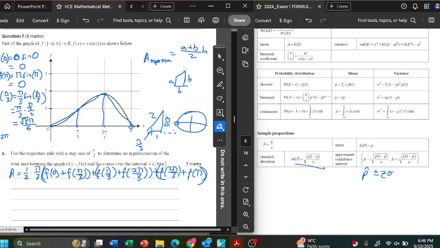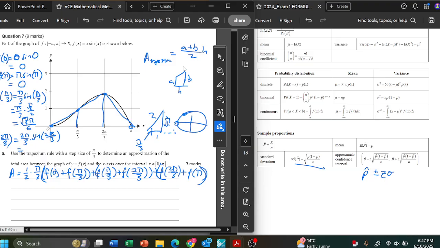Finally, we have to consider what is f of 2 pi over 3. So that's going to be 2 pi on 3 times sine of 2 pi on 3. So sine of 2 pi on 3, where's that? Well, that's going to be the second quadrant of the unit circle, so over here, and sine's also positive in that region.